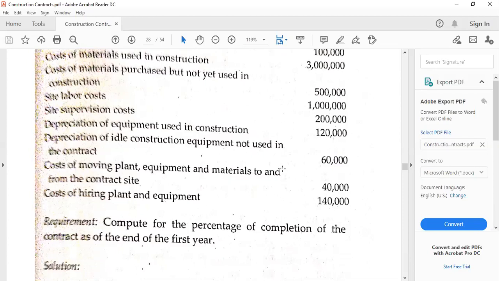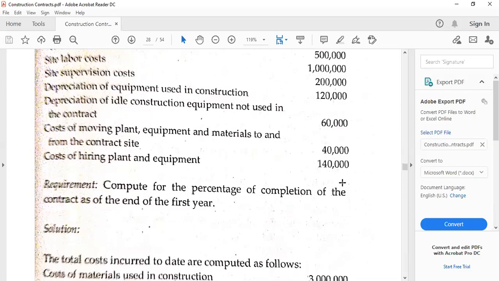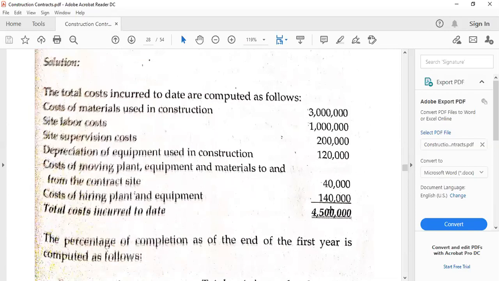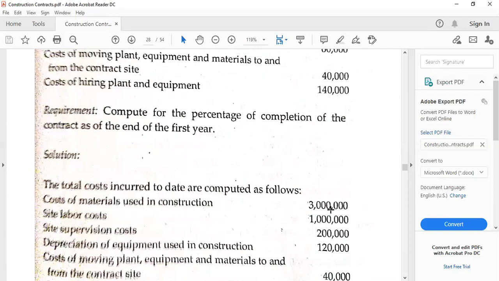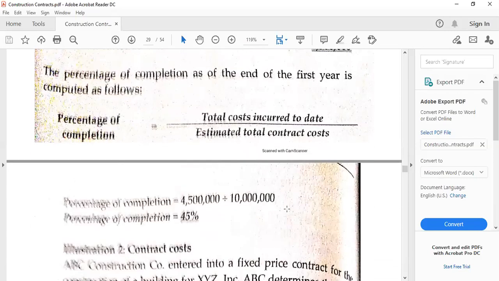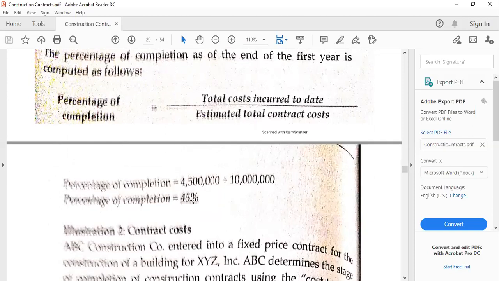So that's an X mark. Costs of moving plant, equipment, and materials to and from the contract site will have to be included. Then cost of hiring plant and equipment would also be included for a total of 4,500,000. So this would be the total cost incurred to date, divided by the 10 million using this formula from a while ago. So we get 45%.